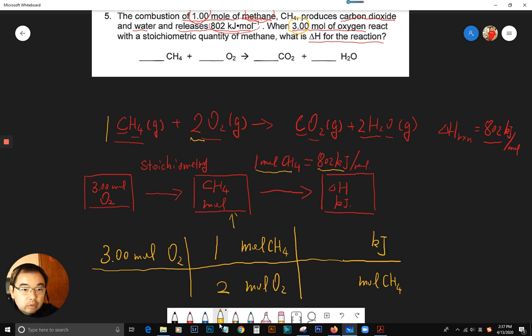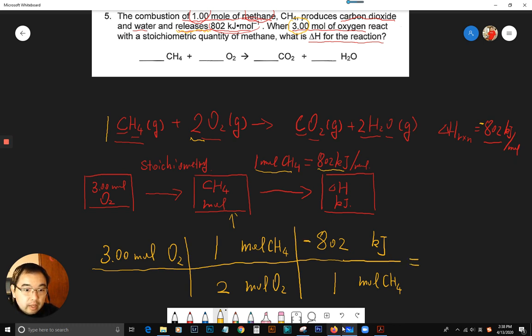So 1 mole of methane can produce 802 kilojoule. And also this should be a negative sign. Really don't forget the negative sign, because this releases 802 kilojoule per mole.